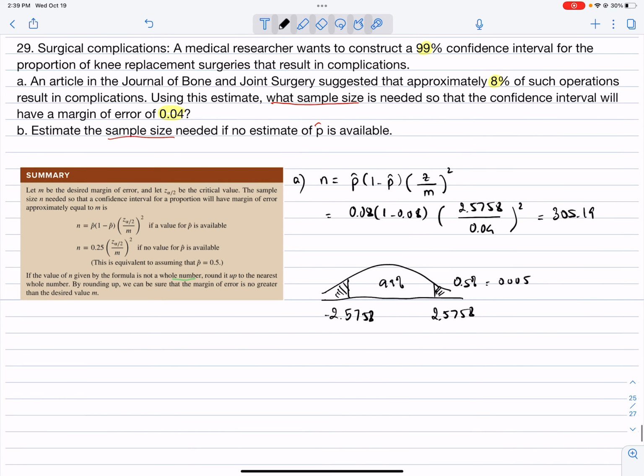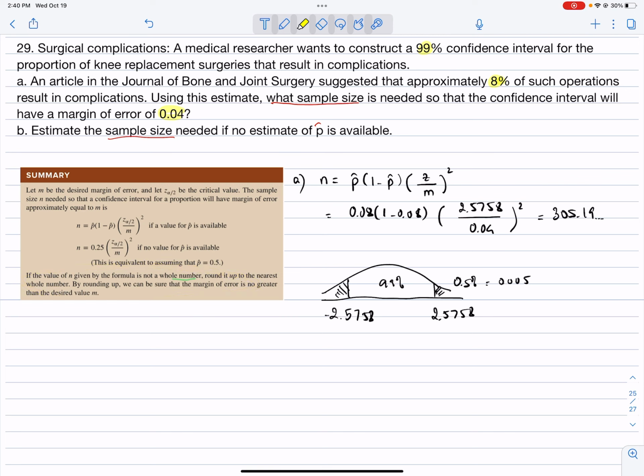So we are finding the number of the data. In this case, this is the number of the surgeries, so it has to be a whole number. We got the decimal number, but we want to make sure the margin of error is 0.04. So we read this part in the formula.